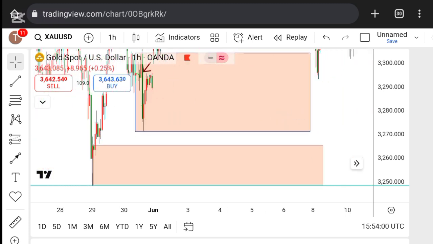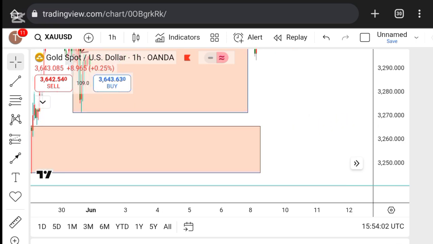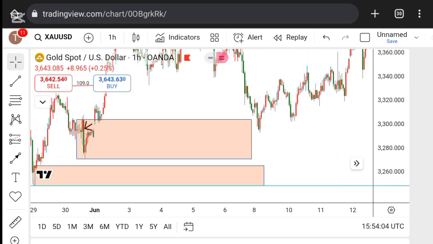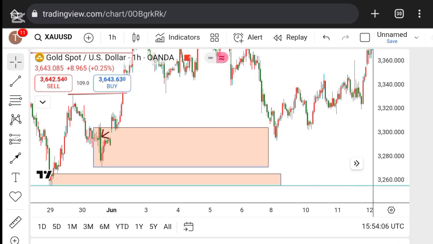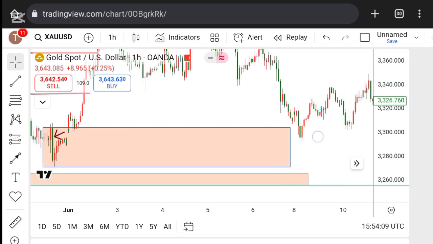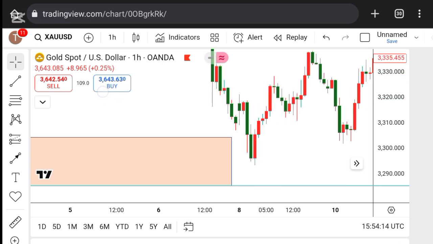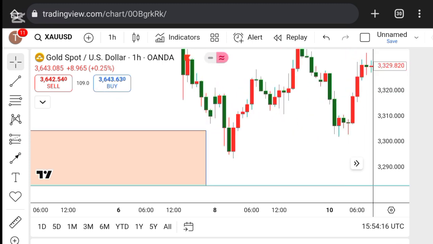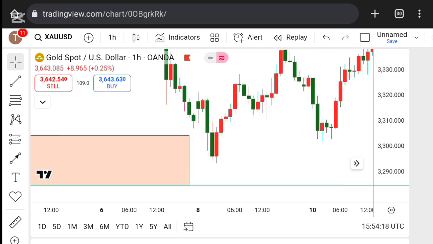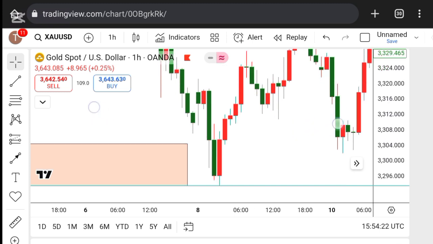Here on my 1 hour, I should be looking for entry because I do not want to go down to 30 minutes or M15. So right now, you see that this market has come into this zone. You have two things for you to take a trade, either a market structure or an engulfing candle.